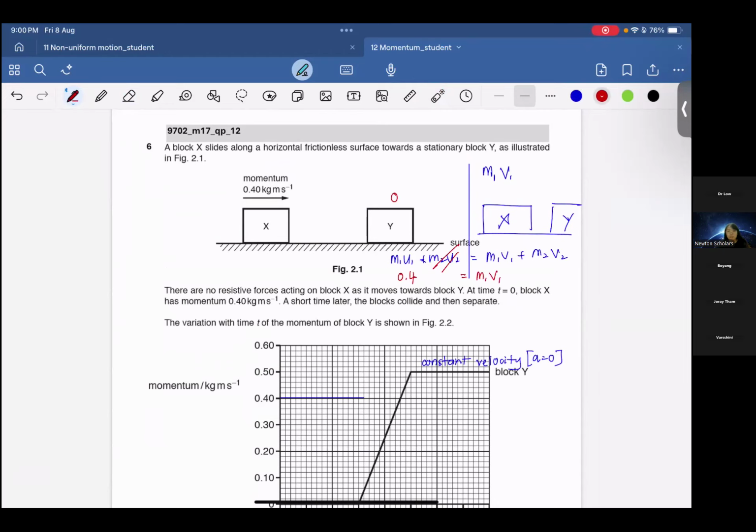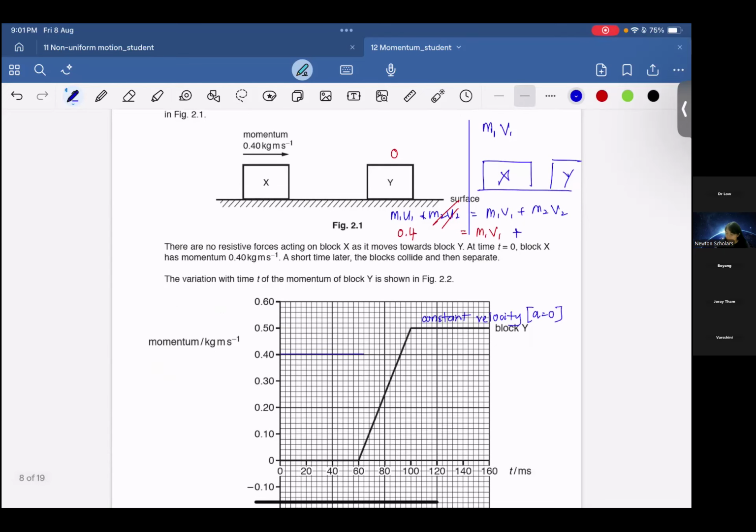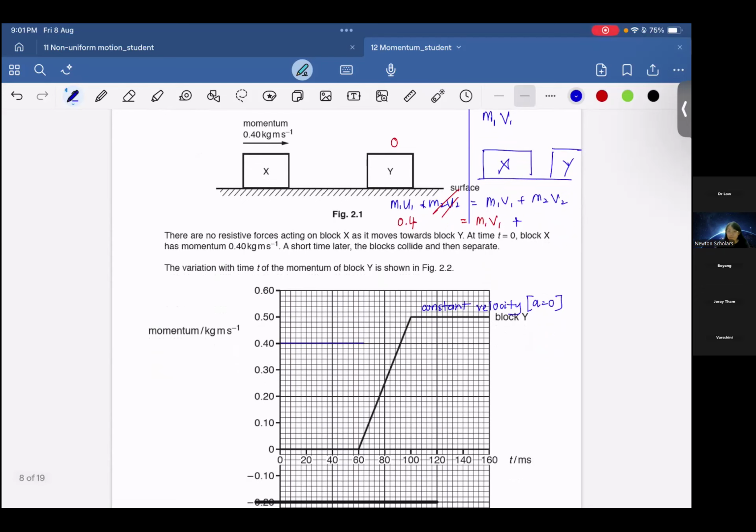I want to know this: M1 V1, the final momentum after collision from block X. Okay, then what is M2 V2? What is the momentum for block X after collision? Fawal, correct. But the unit is wrong, Fawal. Unit for momentum. Okay, so here, block Y after collision.